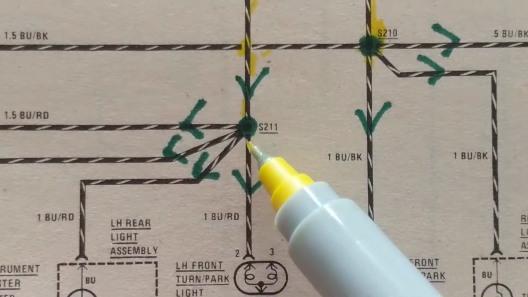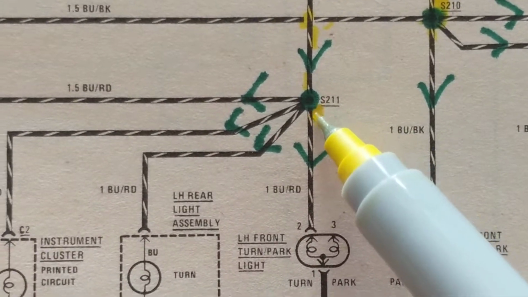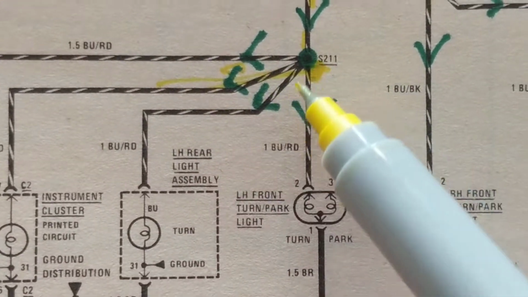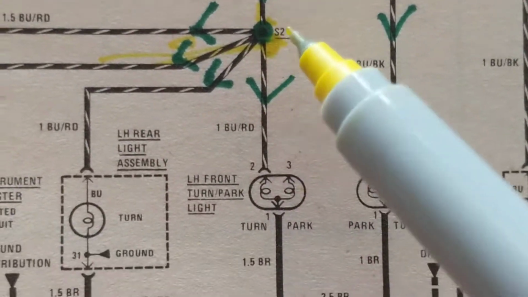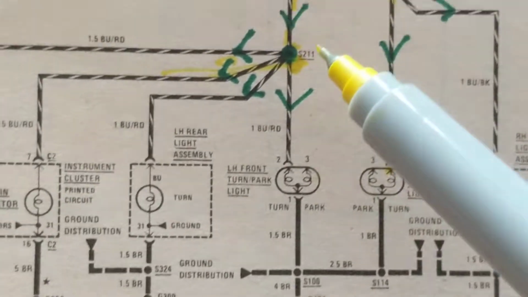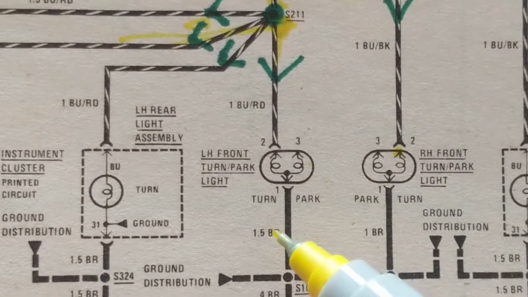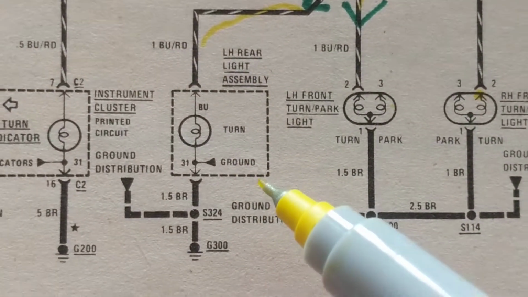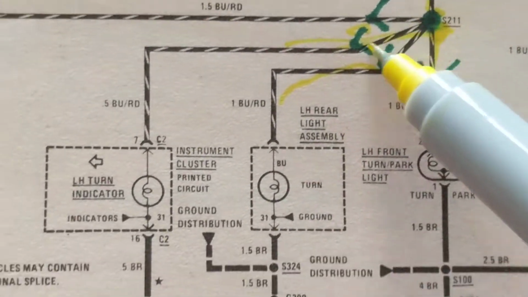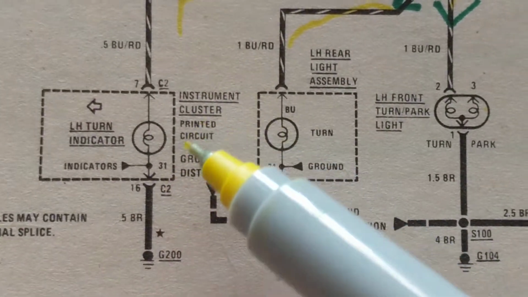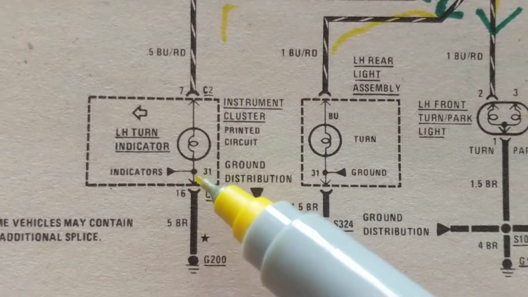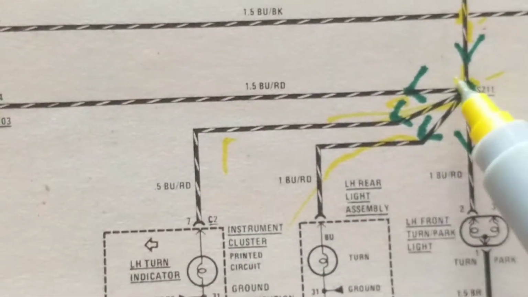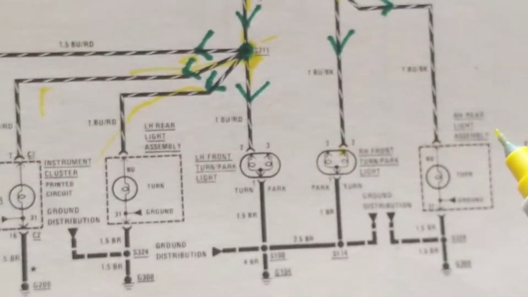Again, blue-red wire. And we come to a point which has many branches. Therefore, one current flows here, left turn for the parking. Current flows here, for the rear, left goes over here. For the instrument, again, the dashboard, telling you there's an indicator you just activated the left turn signal. And another one going over here, wherever it goes to.